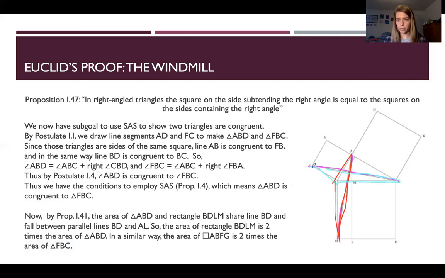And you can see by the picture that they kind of look congruent here, but we're going to prove that using side angle side. So since these triangles are on the side of the same square, line AB is congruent to FB, and in the same way, BD is congruent to BC.